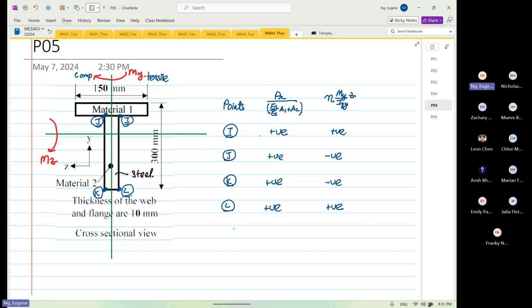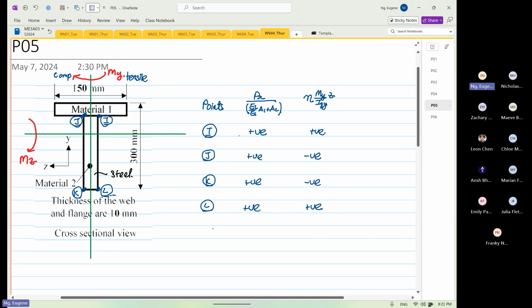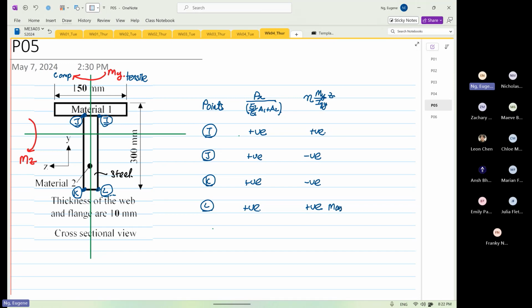So now you ask me, Eugene, which point will have a higher stress? Can't tell yet, because you have tensile. If you look at I and L, they all have tensile, but L will have higher because the distance is further. So if you were to write in tensile, this is the max in tensile.